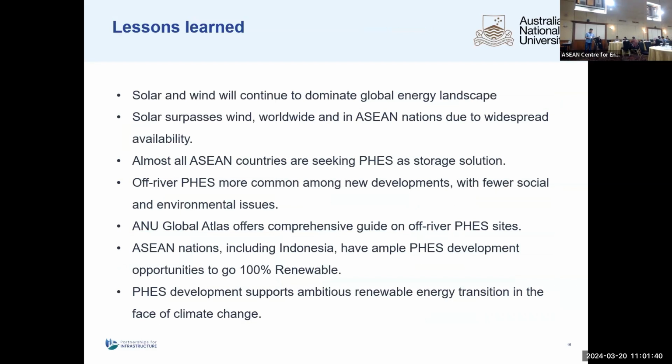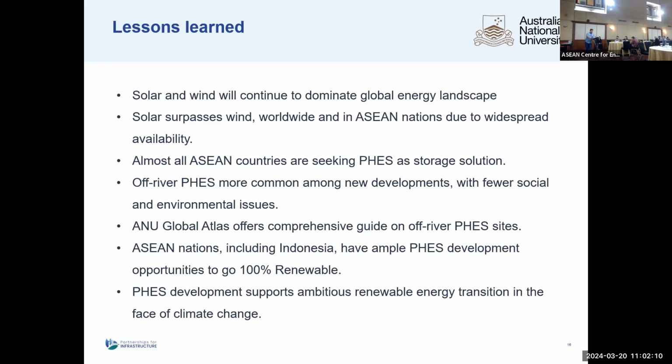So the lessons learned, looking at the current status and the completed and planned pumped hydros across ASEAN and in Australia, are that solar and wind will continue to dominate the global energy landscape. Solar surpasses wind worldwide and in Asian countries nationwide due to its widespread availability, and almost all Asian countries are seeking pumped hydro as a storage solution.